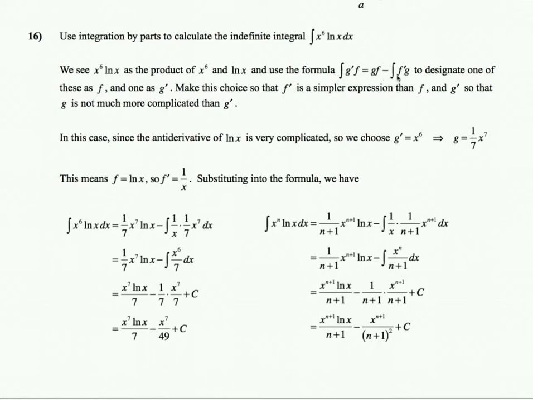And so we will want to designate g prime and f as one of these, so we would choose natural log as g prime or x to the 6th as g prime, and in making that choice we choose f so that f prime is a simpler expression than f, and we choose a g prime so that g is not much more complicated than g prime.